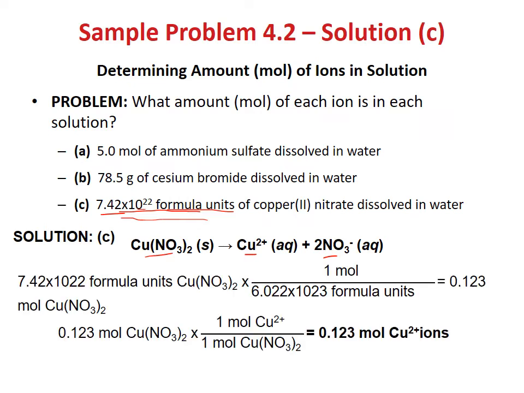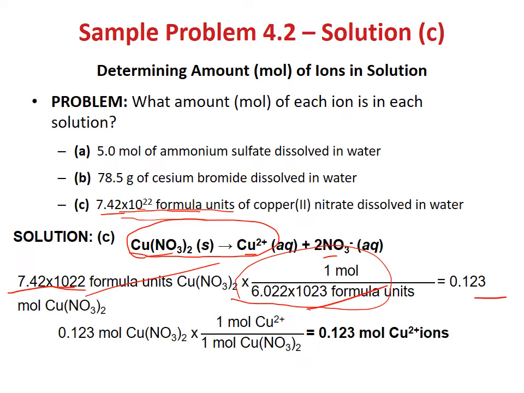Okay, so first we start with 7.42 times 10 to the 22 formula units and use Avogadro's number as a conversion factor. So the formula units cancel each other, and that gives you 0.123 moles of copper nitrate. And then we look at the stoichiometry, a 1-to-1 ratio.